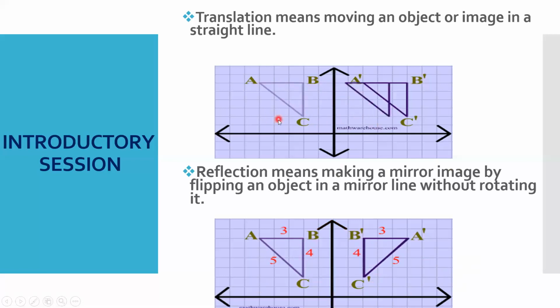Translation means you are moving an object from one place to another place in a straight line. See? Straight line. But coming to reflection, you are moving the object from one place to another, but when you start moving an object from its original position to another position, the resulting image will be its flipped image. See here, this is the original one and the flipped image is this.